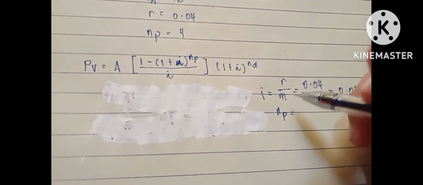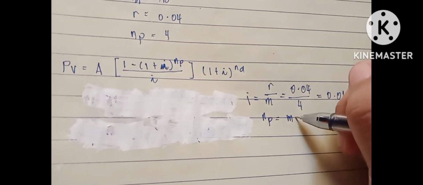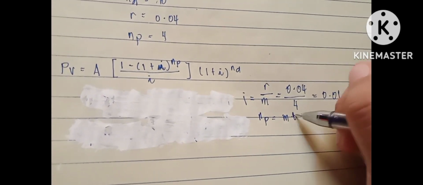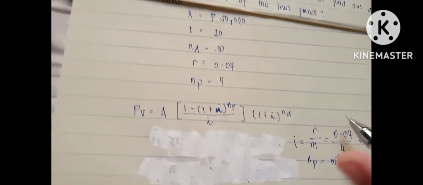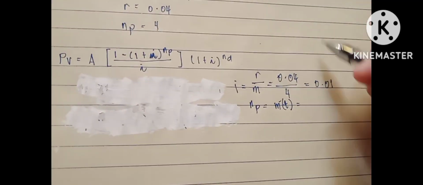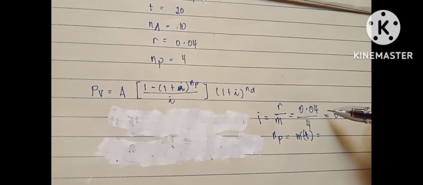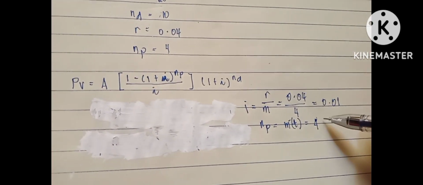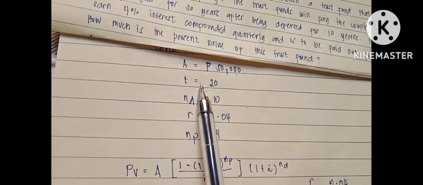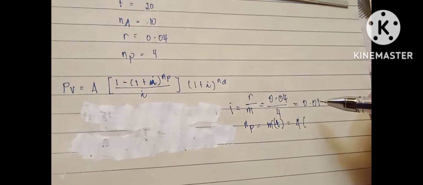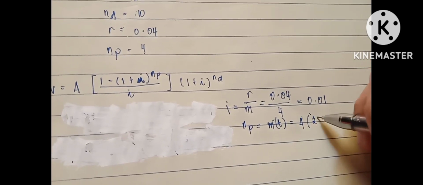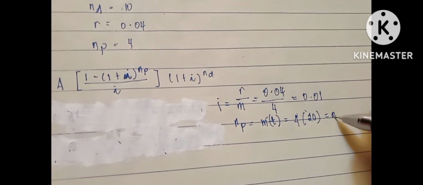So, in getting the NP, which is the number of period, di ba akong giingon dito, ang pagkuha ana is M times T. So, our M here is 4, right? 4 times our time here is 20. So, 4 times 20 is 80.